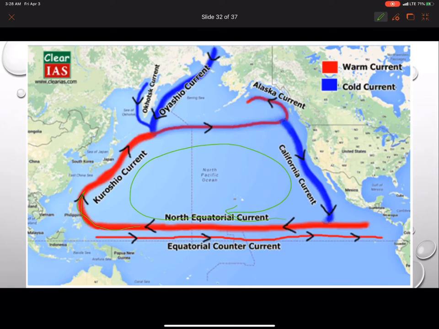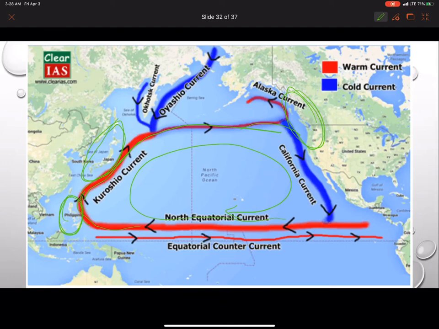It comes off of the coast of the Philippines, up on the eastern side of Japan, affecting all of Japan's weather, and then coming across and coming down here. And here we have British Columbia, Washington, and Oregon as well.